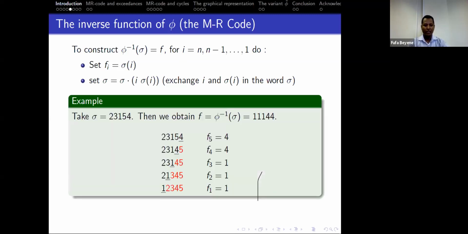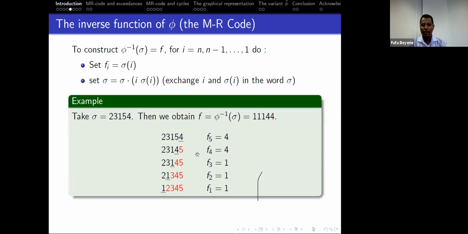This can also be seen in this example, sigma 23154. Then we have the following 5 steps to come up with f, which is equal to 11144. We first find sigma of 5, so f5 is equal to 4, and then swap 5 and 4 to get this one when 5 is fixed.